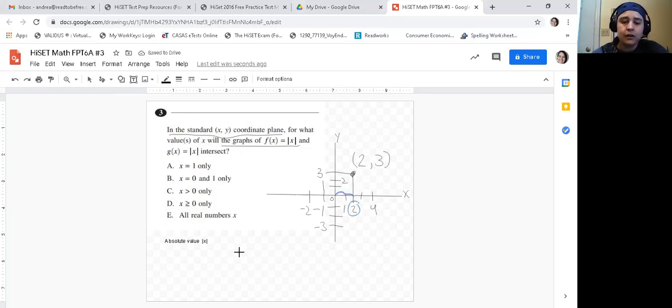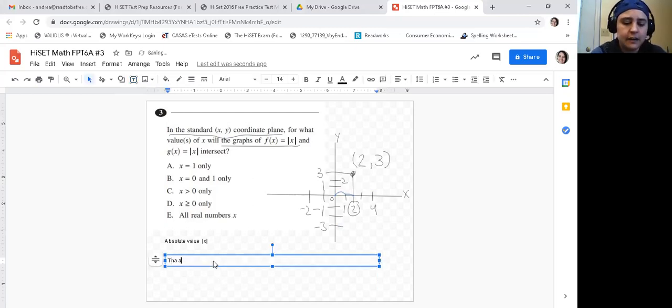So the absolute value of 2 is 2. It is 2 steps away from 0. So let me just indicate that here. The absolute value of 2 is notated using these vertical bars. So I've got the absolute value of 2, and that value is equal to 2. It is 2 steps away from 0.